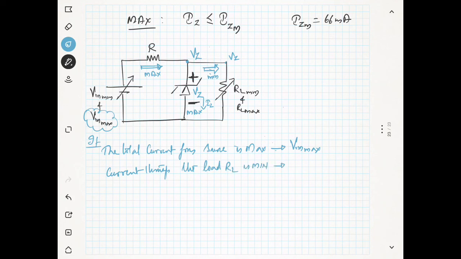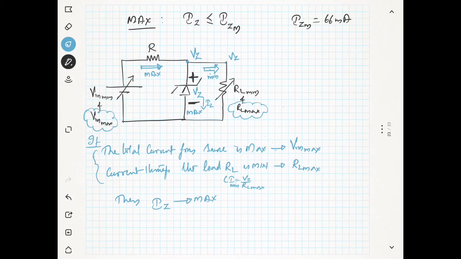When will it become minimum? It will become minimum when the load resistance RL is maximum, because current equals voltage by resistance. When the load resistance becomes maximum, the current becomes minimum. So if these two conditions are met, then the current through the Zener diode will be maximum.